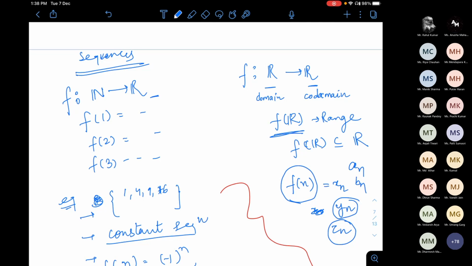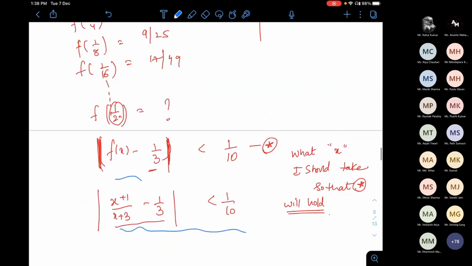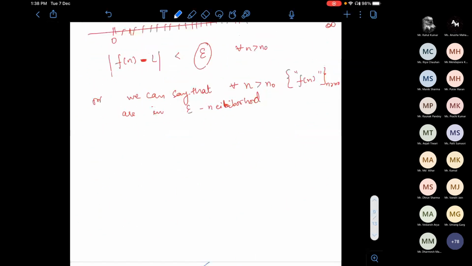So in this case, I have taken fn to be a constant sequence. The first example, go step by step.